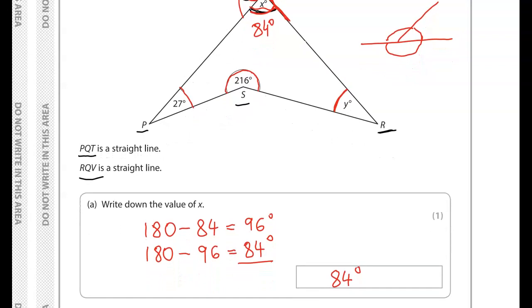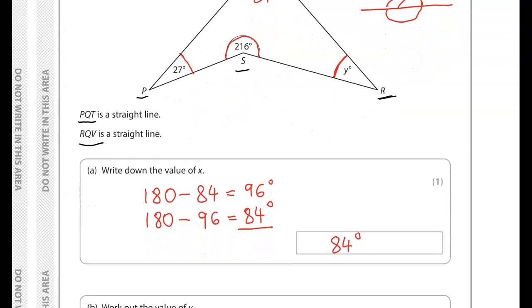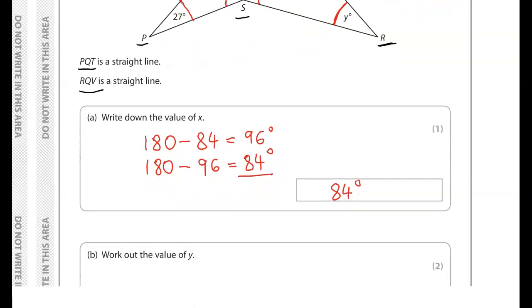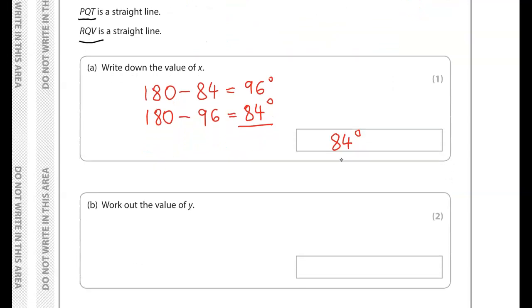So 84 add 27 add 216. Let's just break it down.